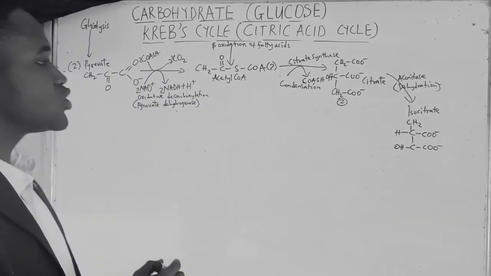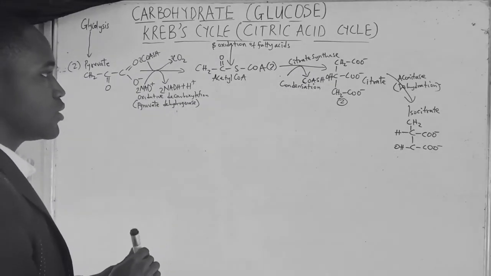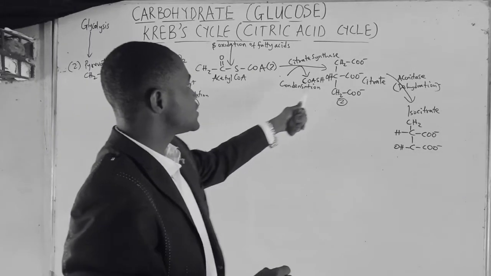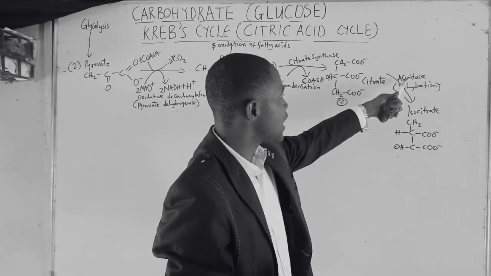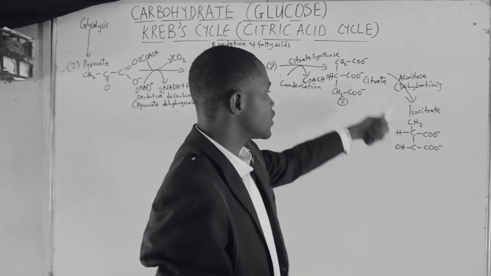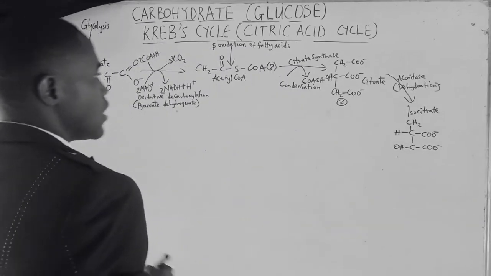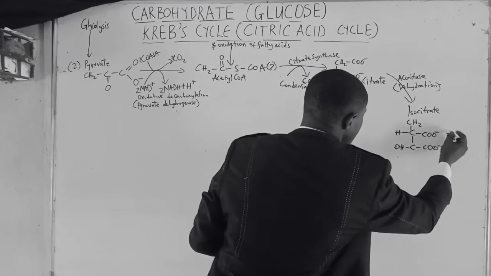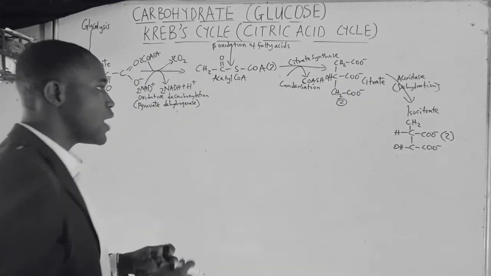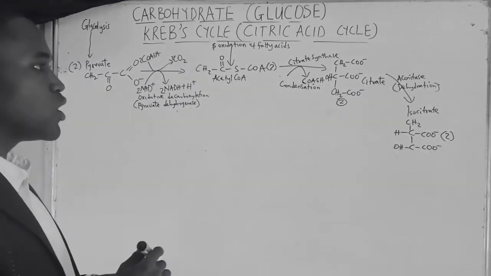So this is isocitrate. That is the compound that will be formed when this citrate is acted on by aconitase in the presence of dehydration to give you this. Then this will be two molecules. Why? Because the pyruvate we start from is two molecules. Now what do we do next?